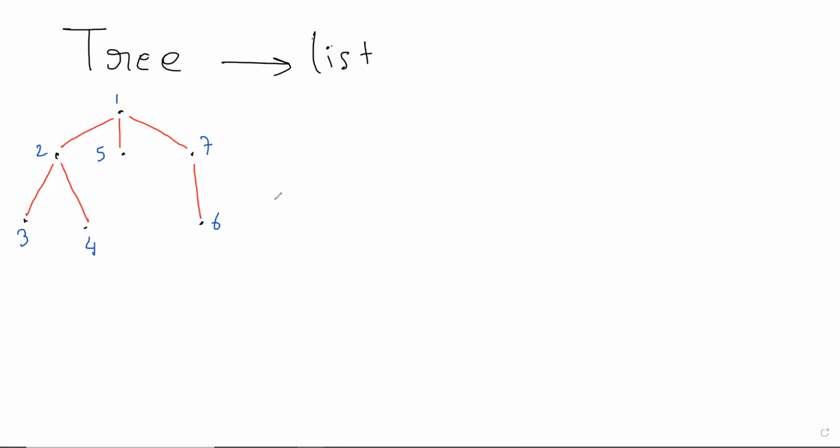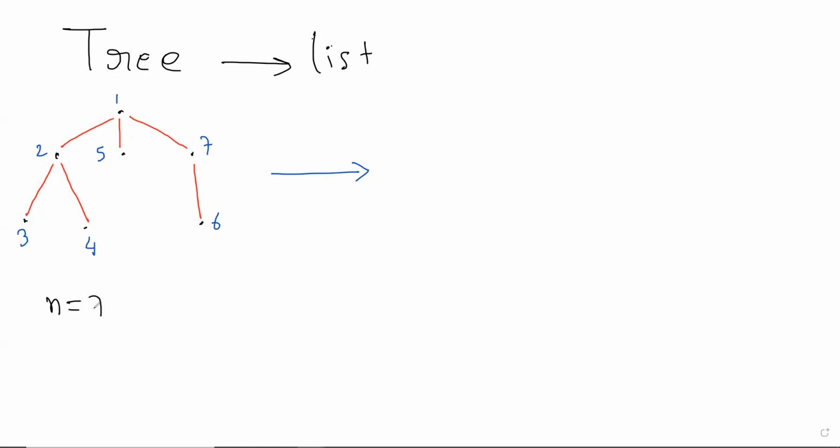Now, how is it that you will go to a list from here? What is the procedure? What kind of ordering? Some kind of ordering. Let's think about it.